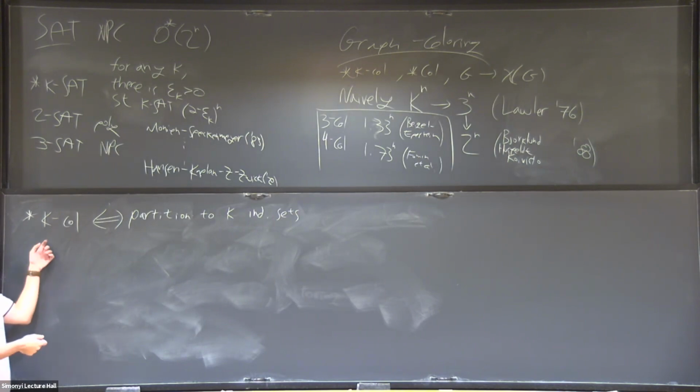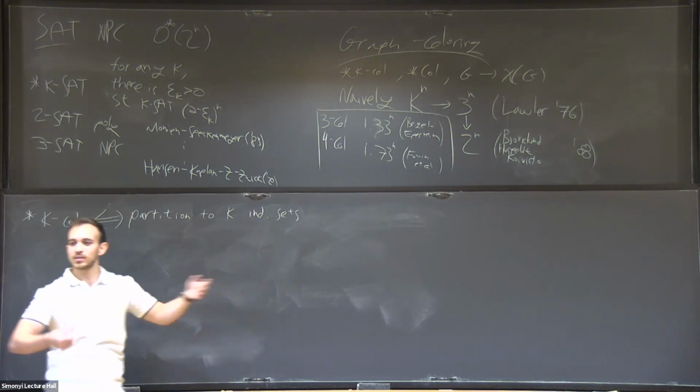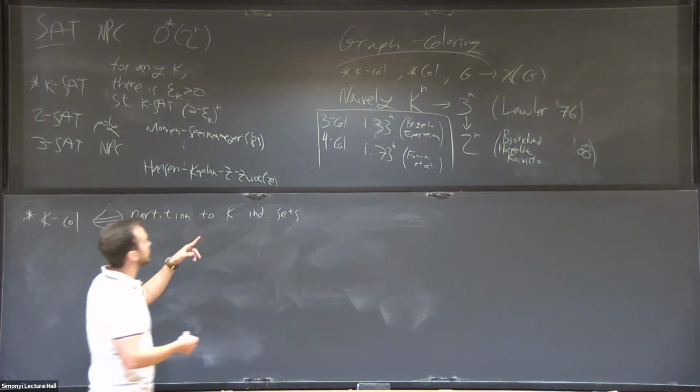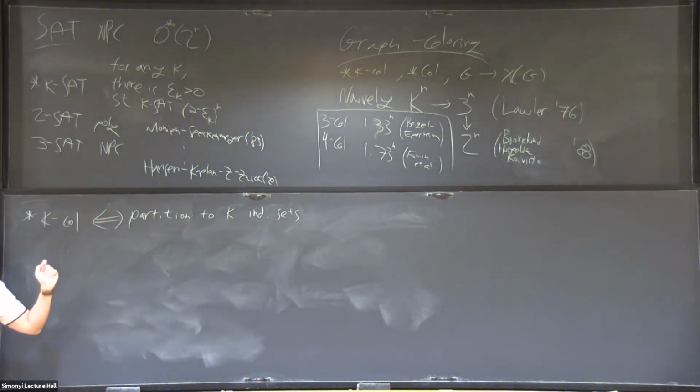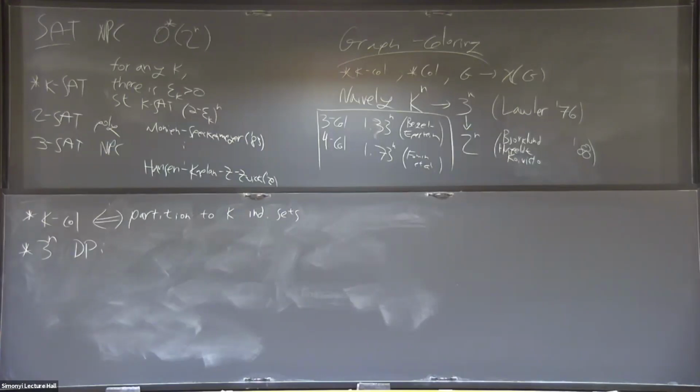Okay, so a graph is k-colorable if and only if you can partition it into k independent sets, because every color class is an independent set, and every independent set can be a color class. So this, for example, gives this 3 to the n algorithm quite easily. This is just a simple dynamic program. To get the 3 to the n, you just need to consider the following dynamic program.